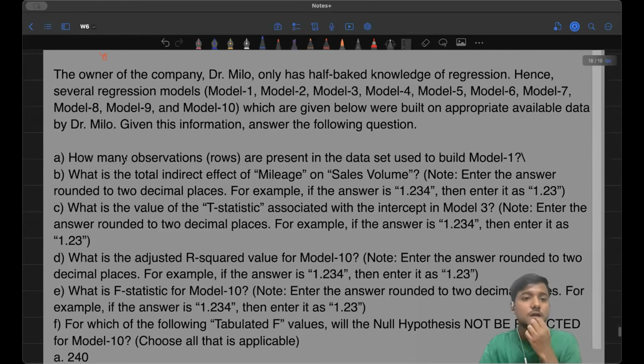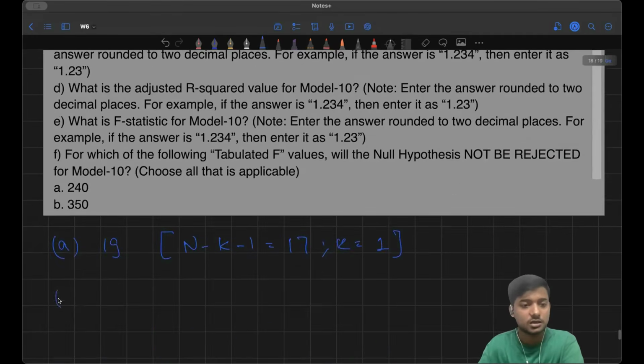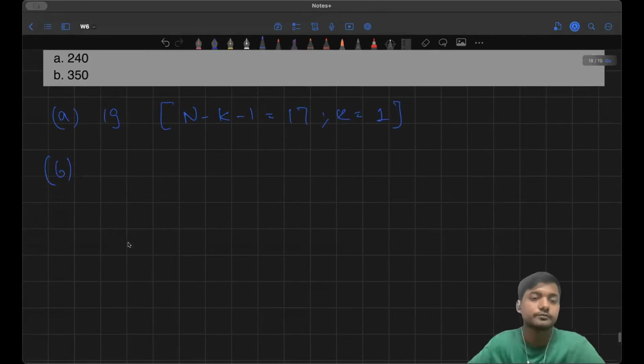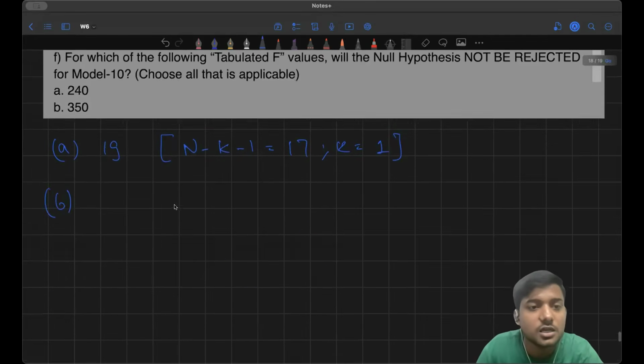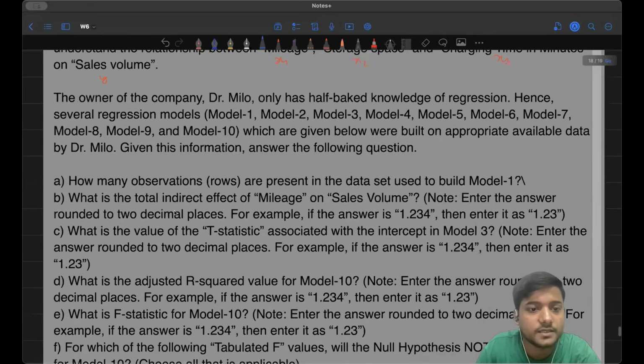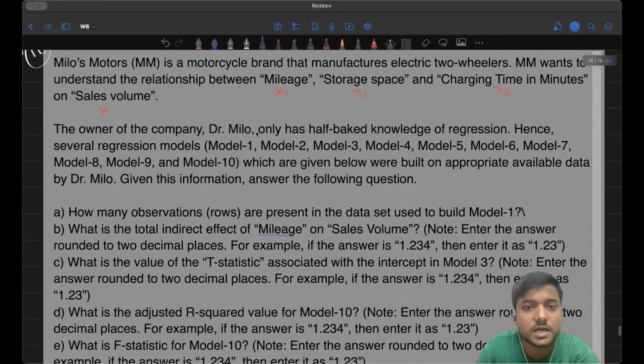Then it is asking, what is the total indirect effect of mileage on sales volume? Now if you remember this word indirect effect, direct effect and all that stuff, we used to study this in the path diagrams, right? So I think we need to make a path diagram. So we had three variables. This is asking for mileage, so mileage is basically x1.